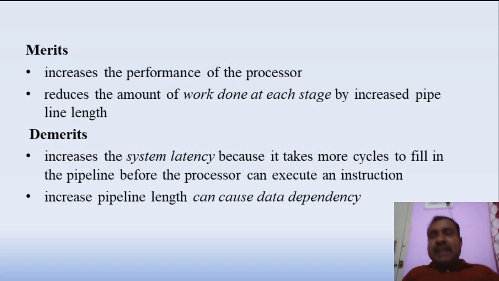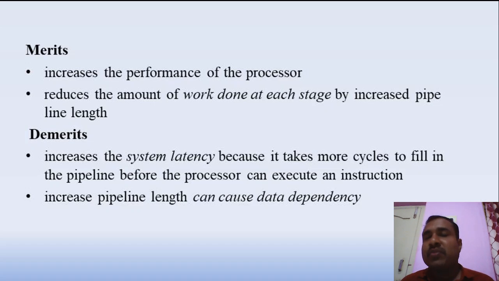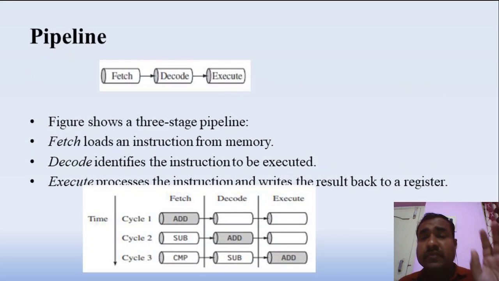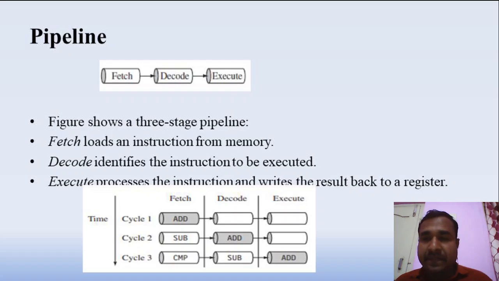What are the demerits of pipelining? It increases the system latency because it takes more cycles to fill the pipeline before the processor can execute an instruction. That's what I already said in the previous example. Since it is a 3-stage pipeline, it takes a minimum of 3 cycles to execute an instruction.